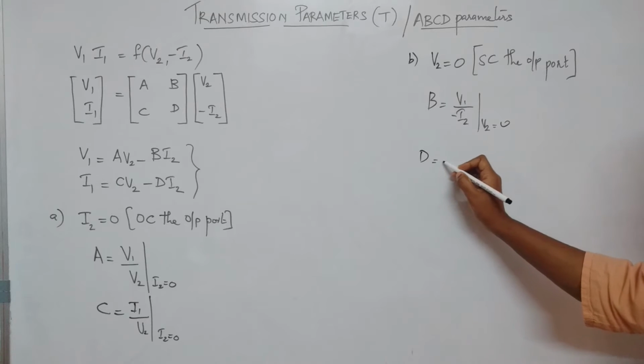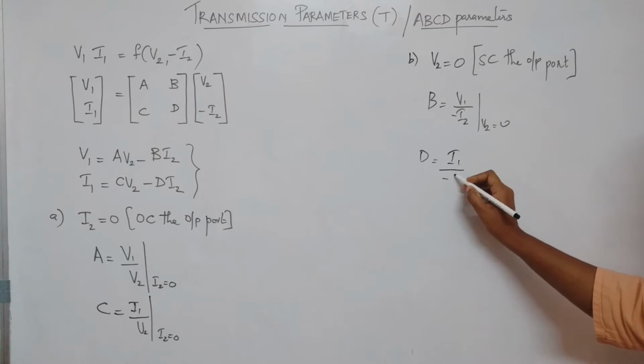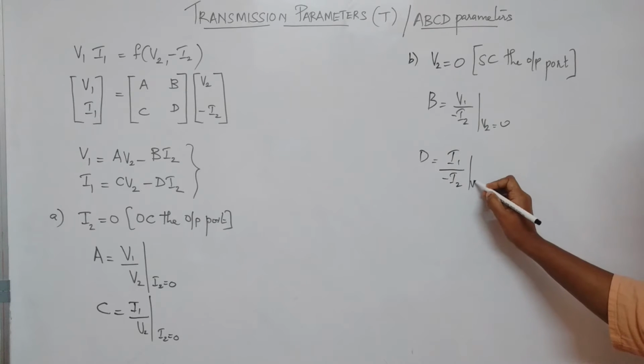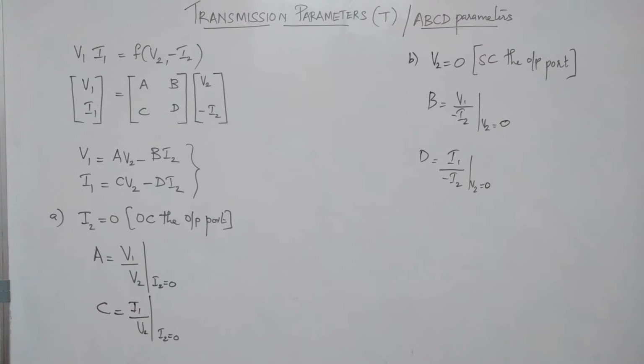Similarly, D will be equal to I1 by minus I2, again for V2 equal to 0. So these are the T parameters, V1 and I1 expressed as a function of V2 and minus I2.